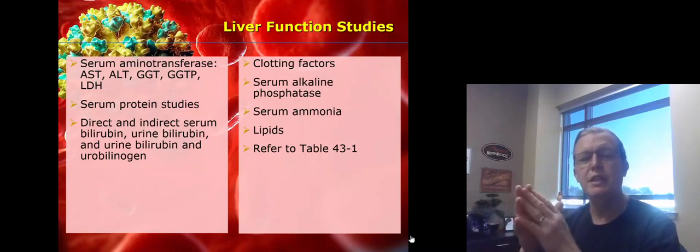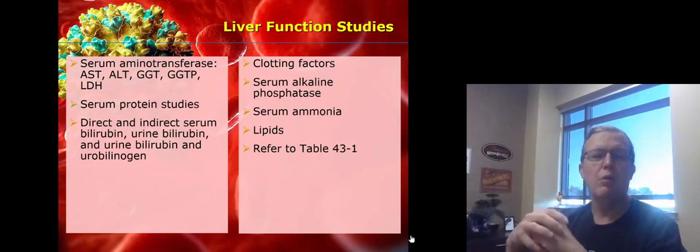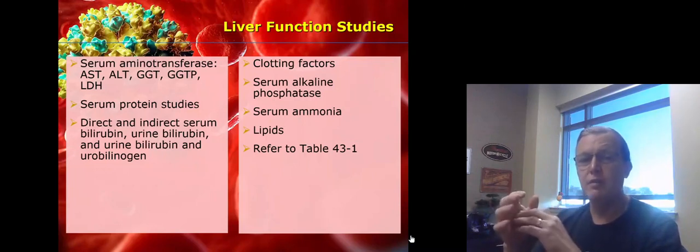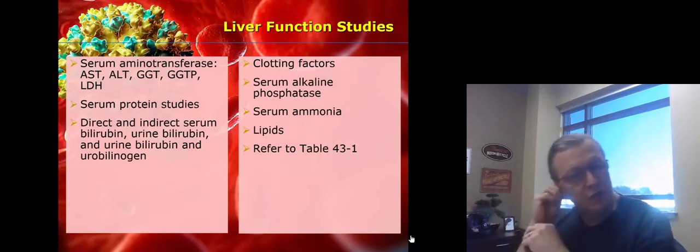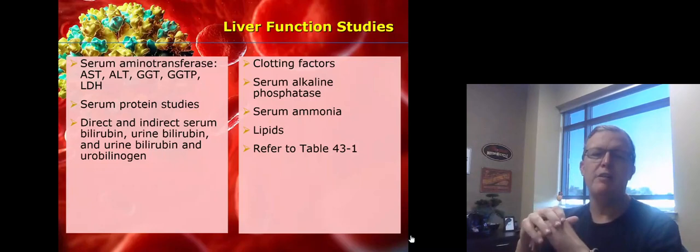So again, when you see these, bells should start going off that your medical team is concerned about liver function on these patients. Or if you're concerned about liver function, you should raise the flag to your provider to say, hey, let's get a liver profile. Let's get some liver studies and see what's going on here.